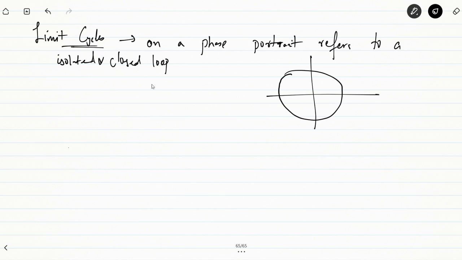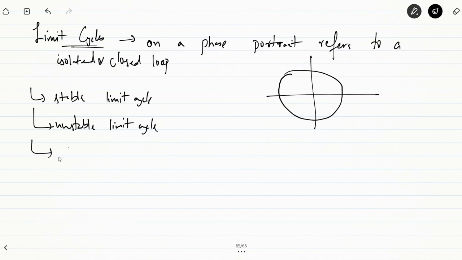You can have a stable limit cycle, you can have an unstable limit cycle, or you can have a semi-stable limit cycle. So a limit cycle on the phase portrait refers to any isolated closed curve.